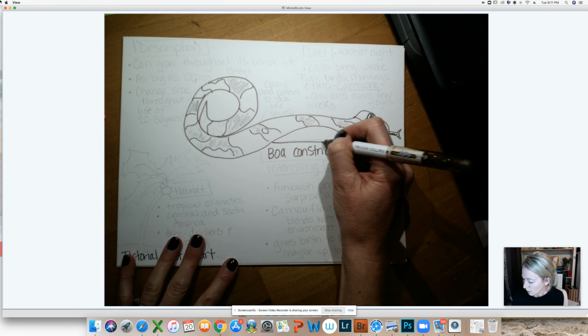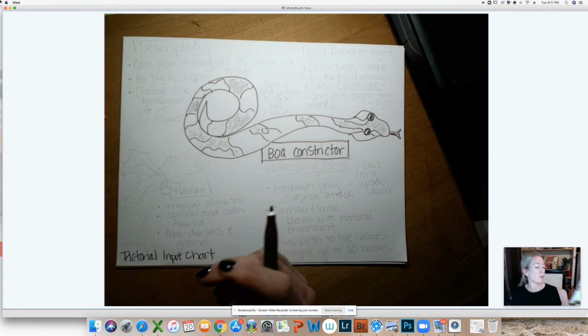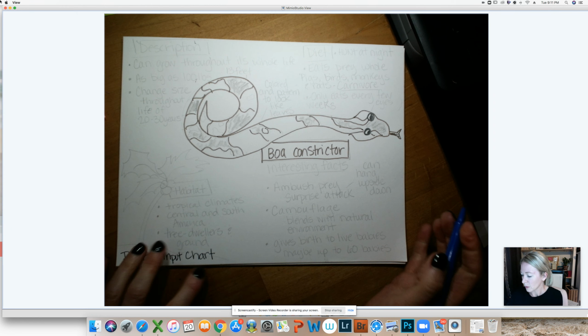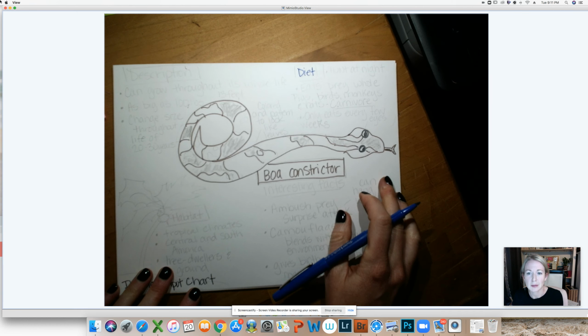All right. So in our story, My Brother Needs a Boa, there's probably going to be a boa constrictor. And I don't know a lot about boa constrictors. So I did a little bit of research. I wanted to know what the boas eat. What is their diet?